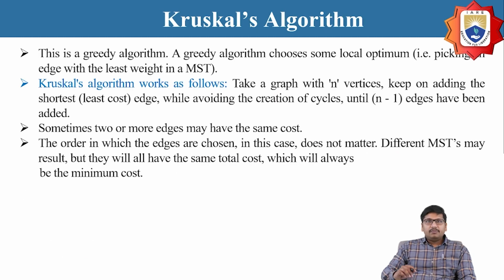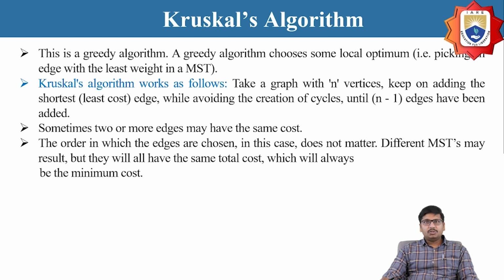Let us consider the first one, Kruskal's algorithm. Kruskal's algorithm is a greedy algorithm. It chooses a local optimum by picking the edge with the least weight. Kruskal's algorithm works as follows: take a graph with n vertices and keep on adding the shortest edge, avoiding the creation of cycles, until n-1 edges have been added.